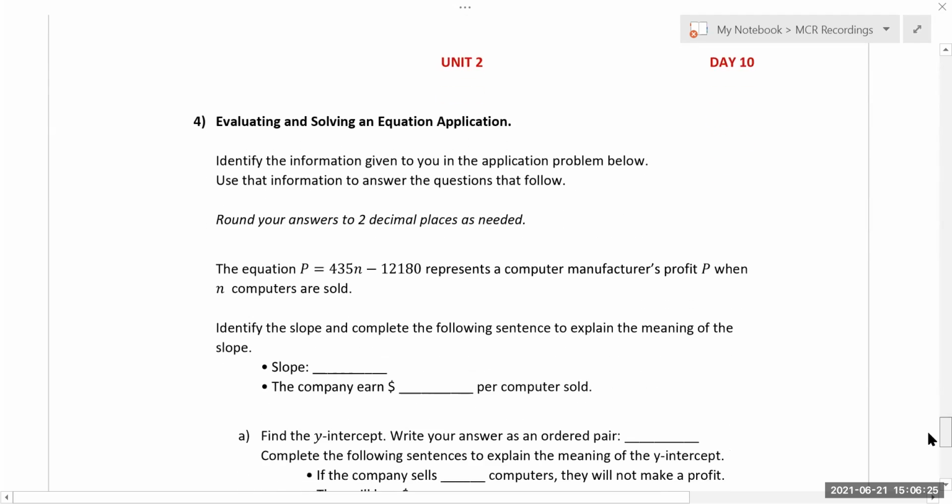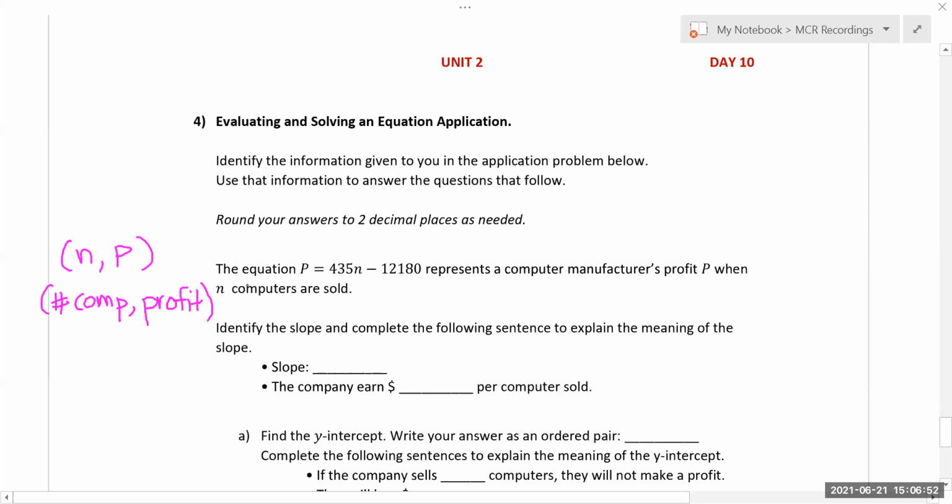All right, last item on this one, evaluating and solving an application problem. Okay, so we're going to put this into perspective. The equation 435n minus 12,180 is a computer's profit when n computers are sold. So every ordered pair is NP, number of computers, and profit.